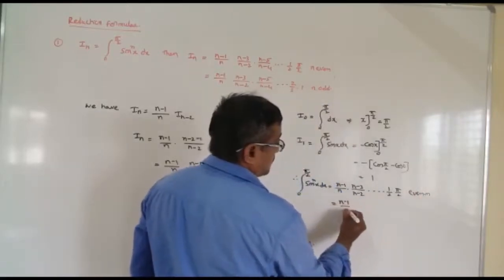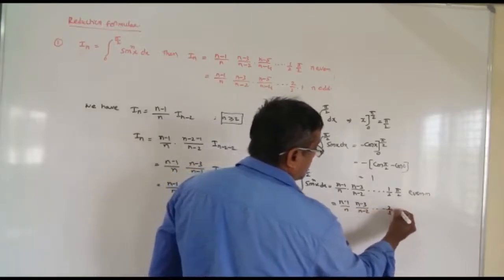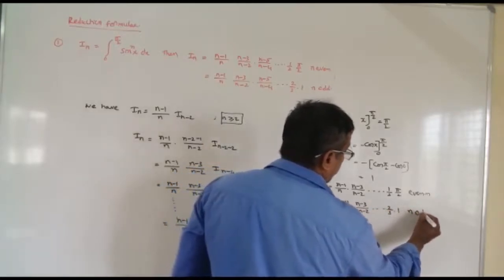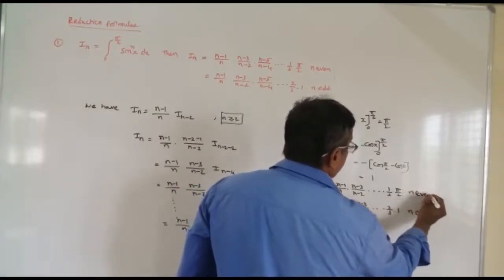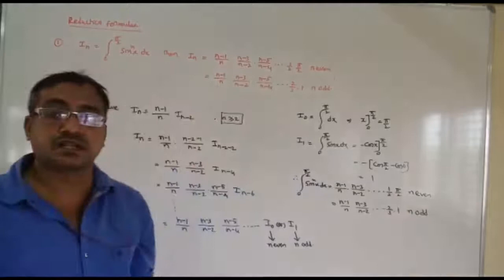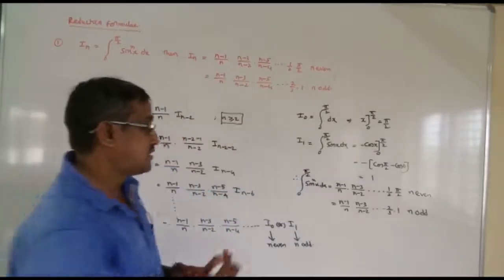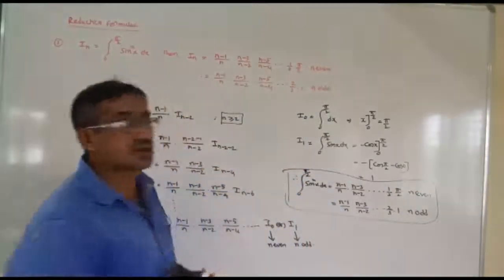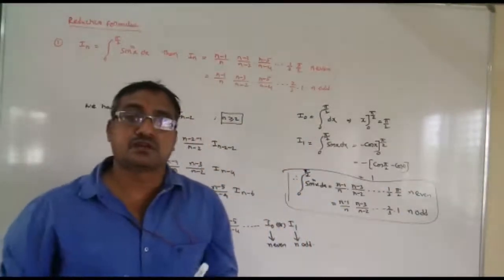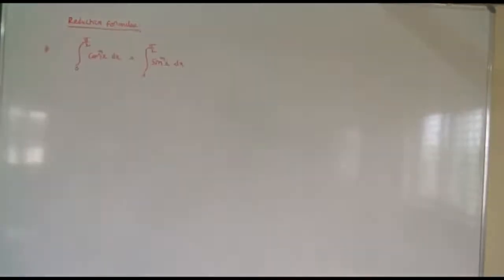N minus 1 by n, n minus 3 by n minus 2, and so on, 2 by 3 into 1, when n is odd. That is the reduction formula for integral 0 to pi by 2 sin power nx dx. Very important to memorize these as a formula, and we need to apply them to problems.